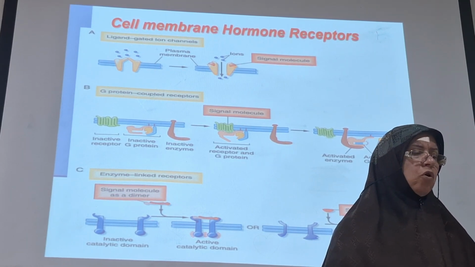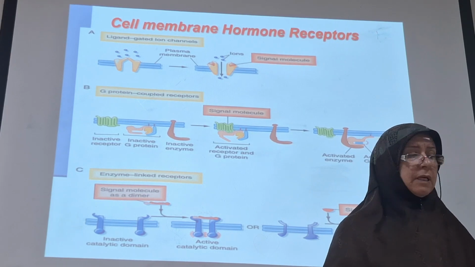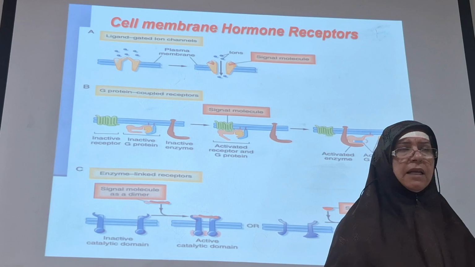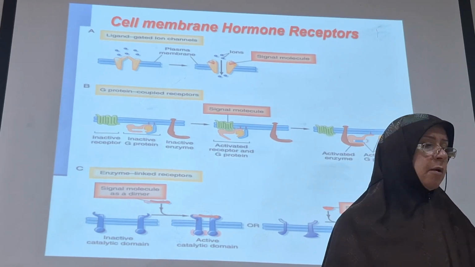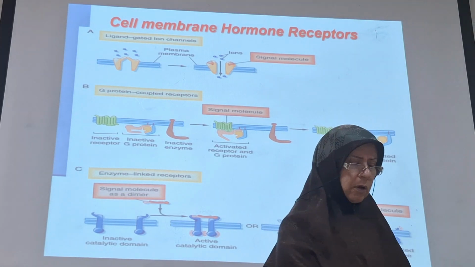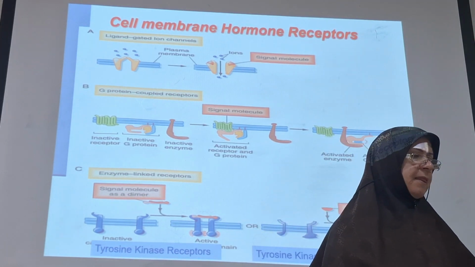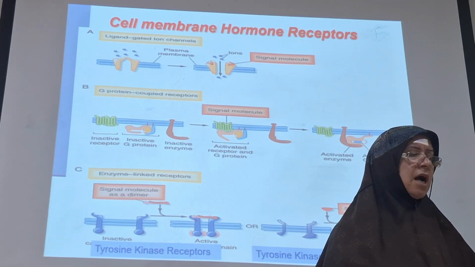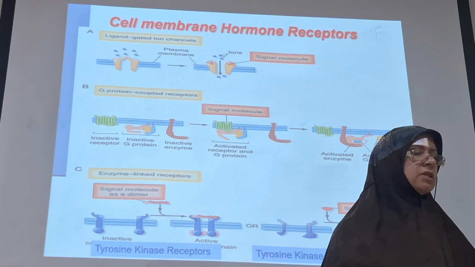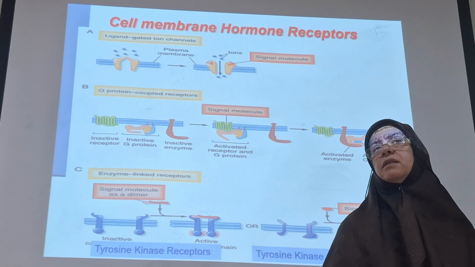After the hormone binds to its receptor, an accessory protein with enzyme activity binds inside the receptor. So the first is tyrosine kinase receptors; the second is tyrosine kinase associated receptors.